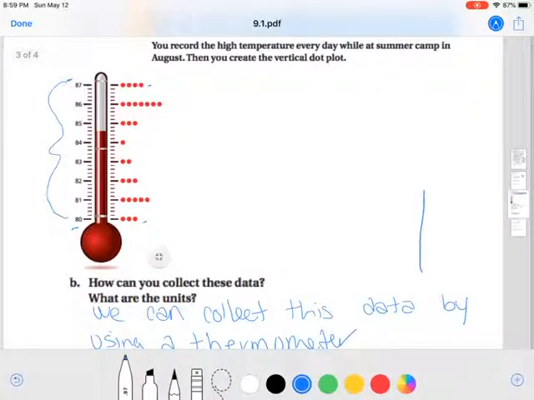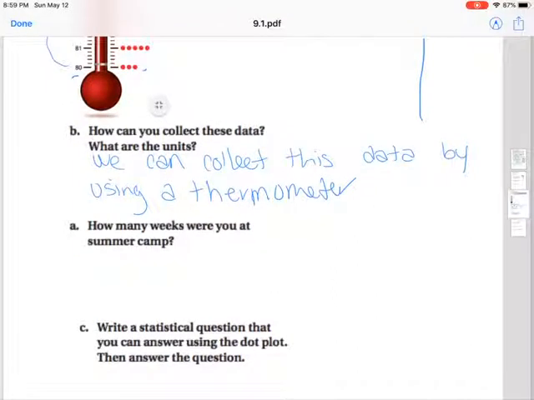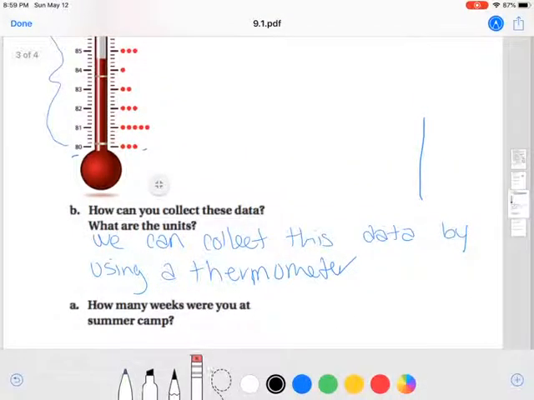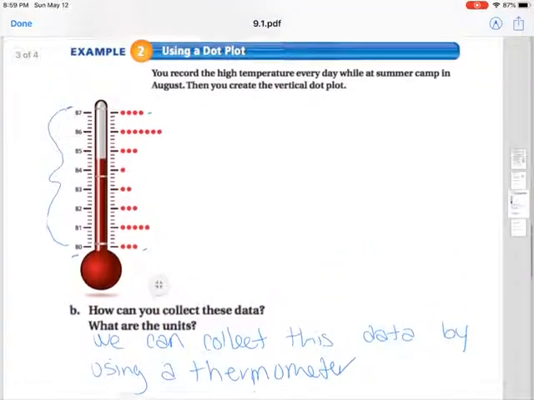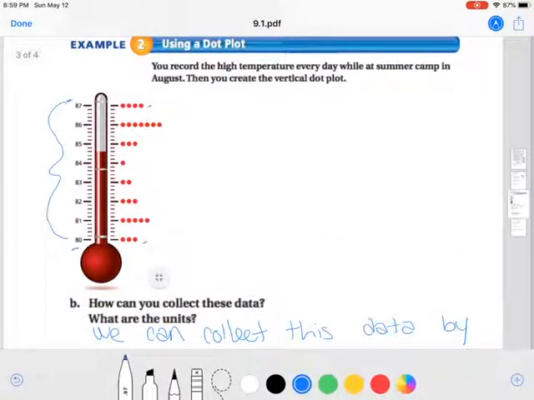So really what our first question was, A, is how many weeks were we at summer camp? And so the way to answer this question is, first of all, how many days are represented in our thermometer up here? So let's count them out.